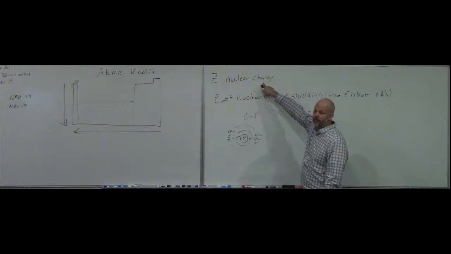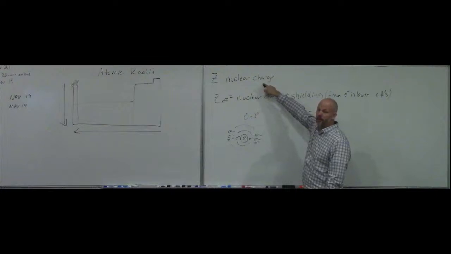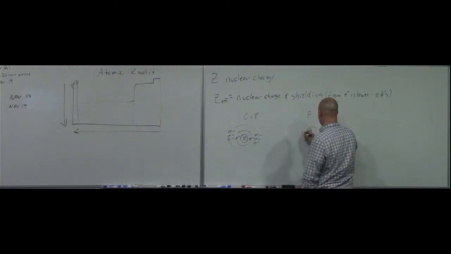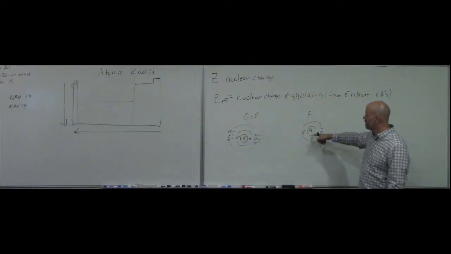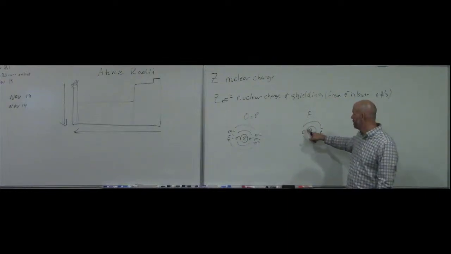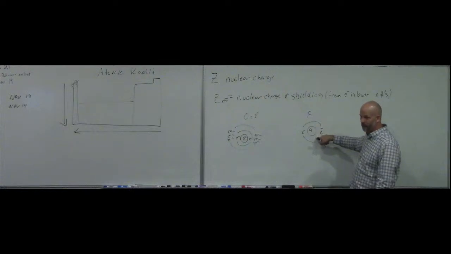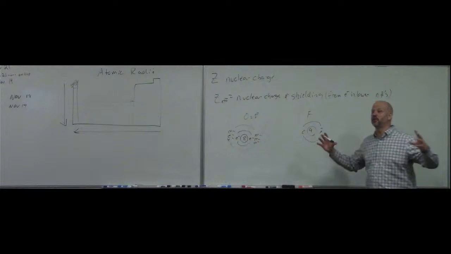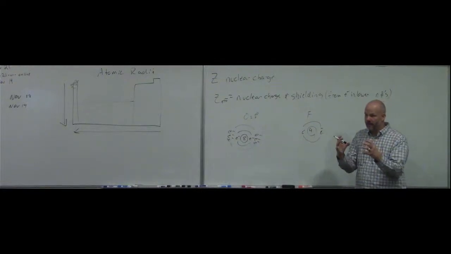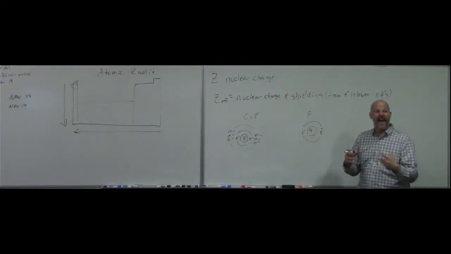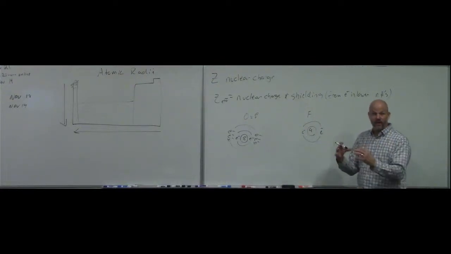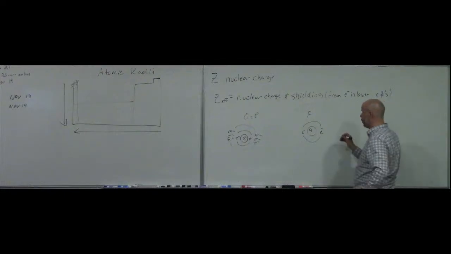Have I added more shielding? How many are in the first? 2. Only 2. So I've added more nuclear charge, but I've not added any more shielding. I don't have any more in between these outer electrons and the inner electrons, right? So more nuclear charge, less shielding should mean that they stick closer, right? Which means that even though I've added a proton, I've actually decreased its atomic radius.